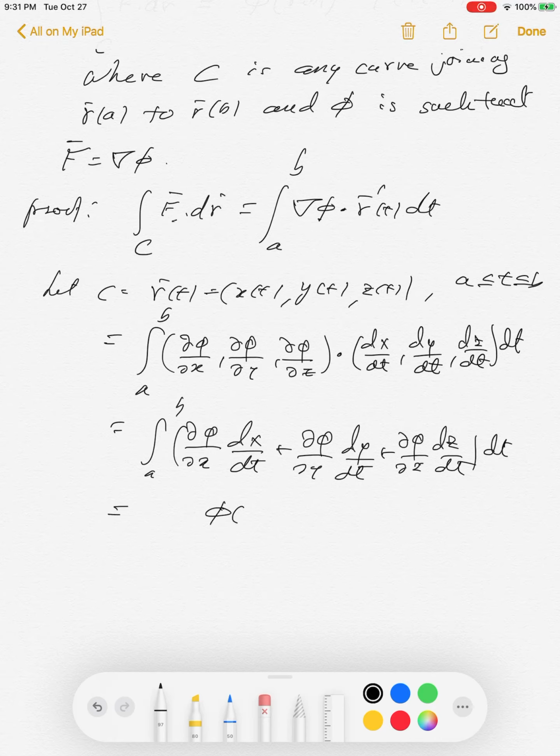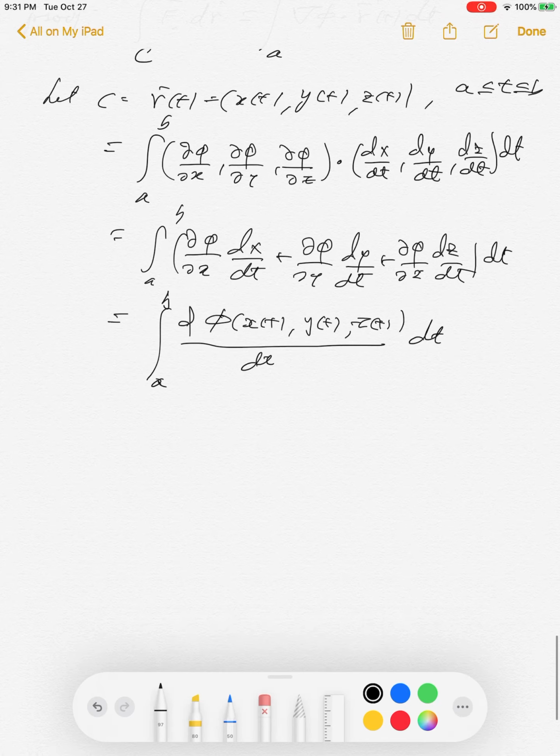And now you should remember your chain rule. If you think of phi as a function of 3 variables, but then each of them depends on t, so you are taking phi as a function of one variable by composing it with the function t goes to x t comma y t comma z t. So this is just the total derivative of phi with respect to t by the chain rule.